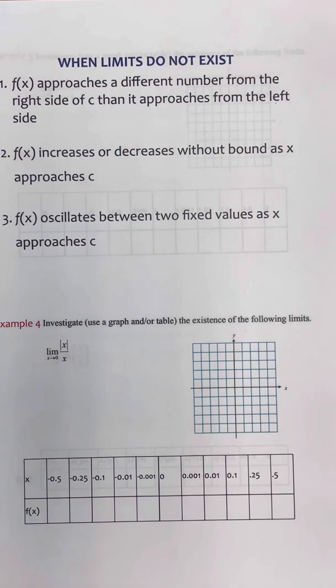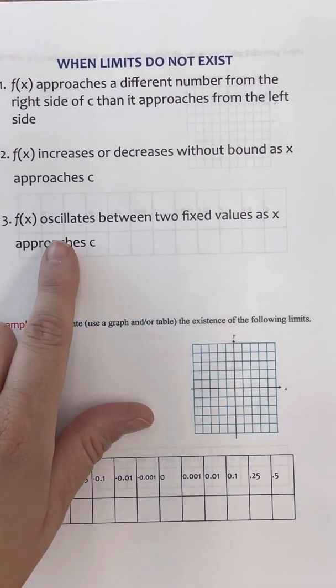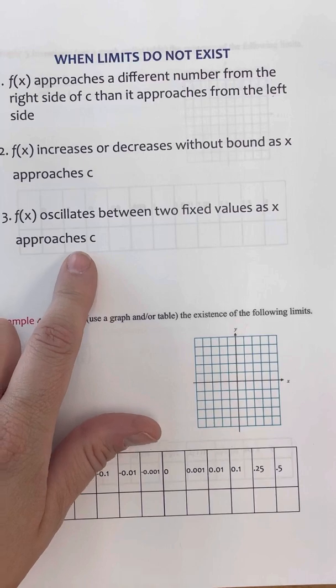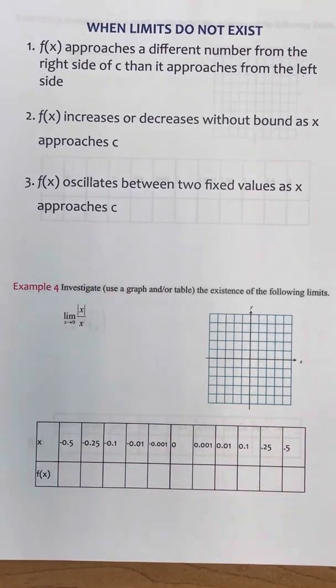And then number 3 says if it oscillates between two fixed values as x approaches c. And we're going to see that in a graph in a minute, so I'm not going to really explain that yet until we get to the graph, because I think the graph does a great job of explaining number 3.